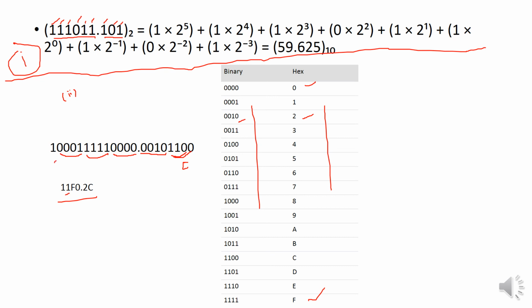So we write this number first in binary, and then we write hex from here.